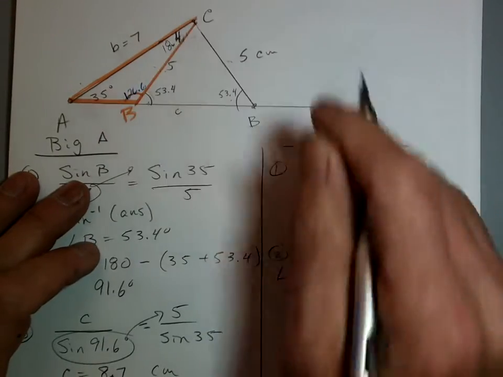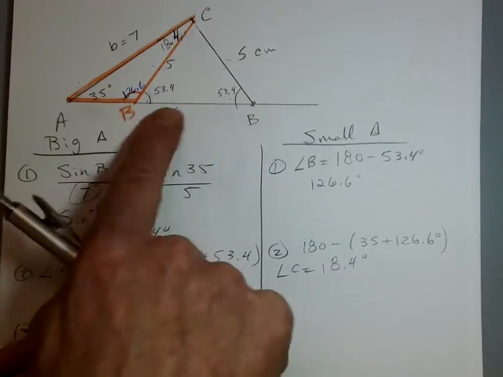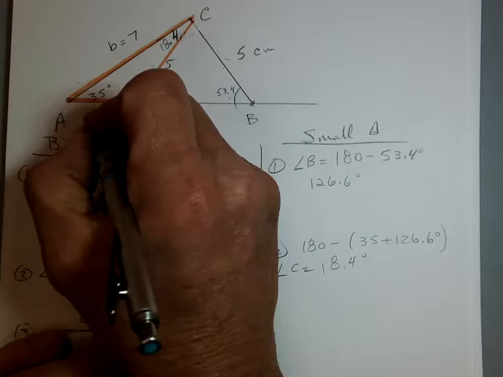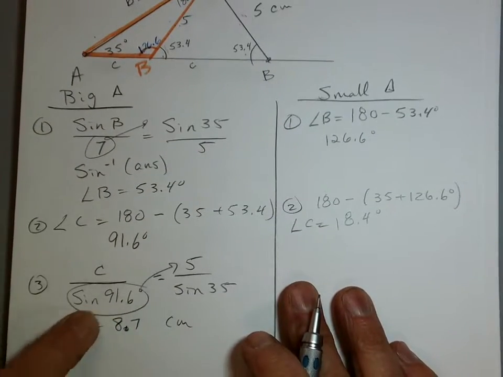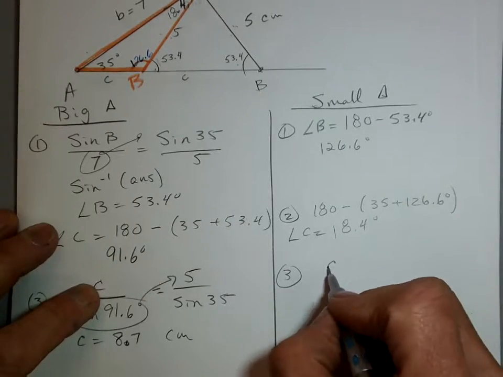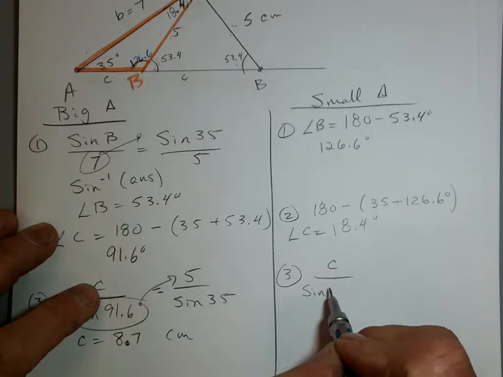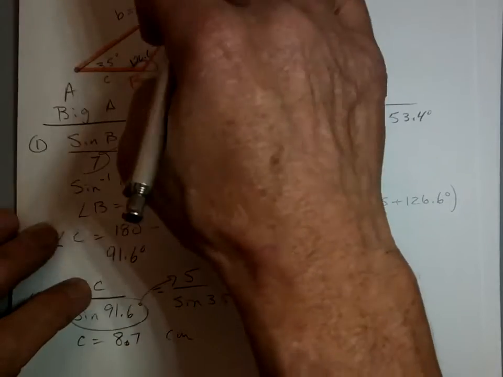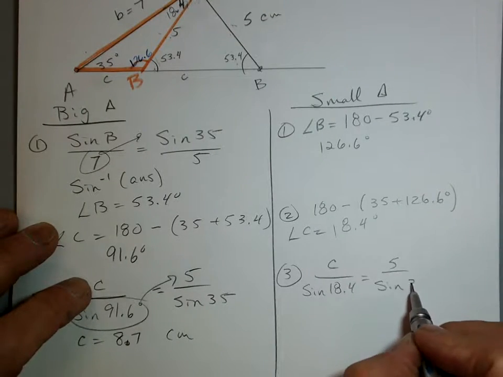Okay, now angle side C is no longer this entire C side. It's just this little bit here. It's AB. So I want to find it using the same process I did on the big triangle except for different numbers. So I'll go little c over the sine of its opposite angle, but this is an 18.4 degree angle, equals 5 over the sine of 35.